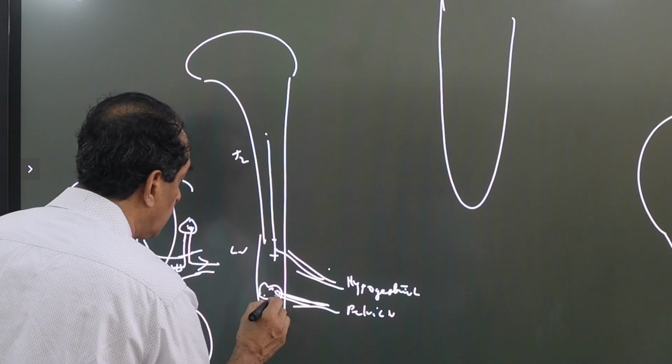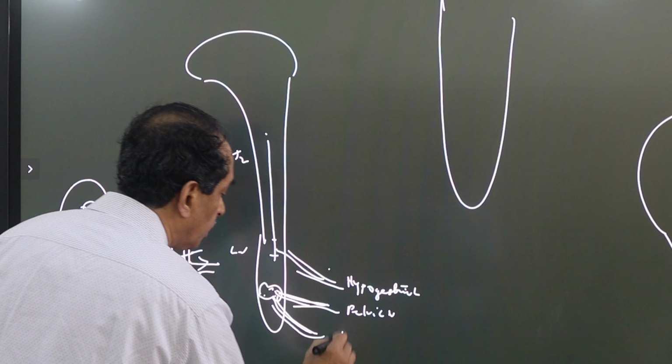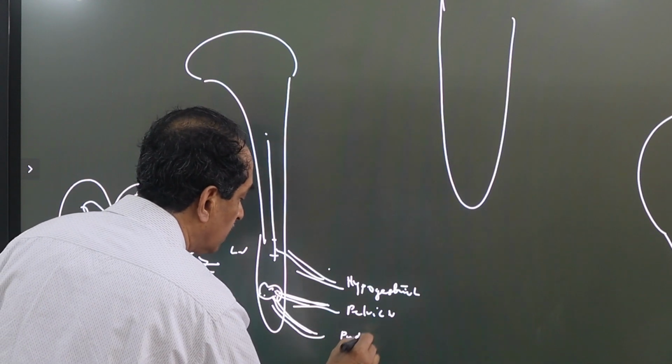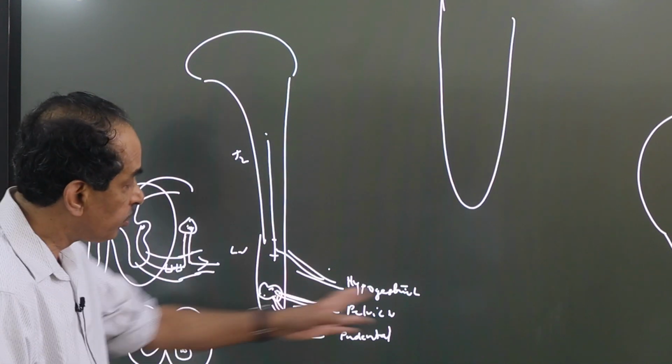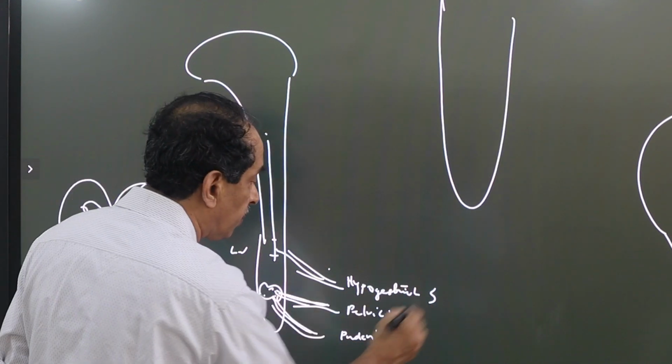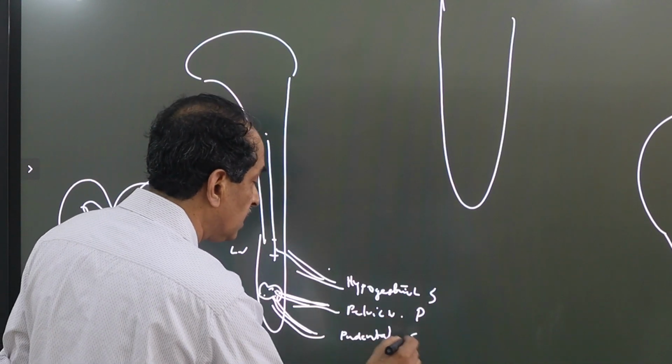And from the somatic nucleus, it all comes together, and that is known as the pudendal nerve. Pudendal means secret. So we have the hypogastric, which is the sympathetic, the pelvic, which is the parasympathetic, and the pudendal, which is the somatic.